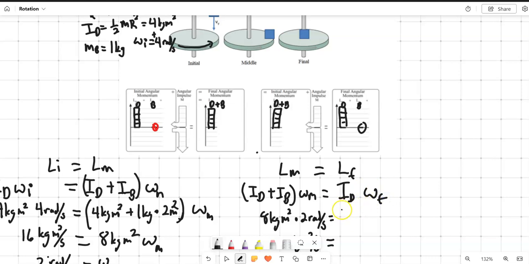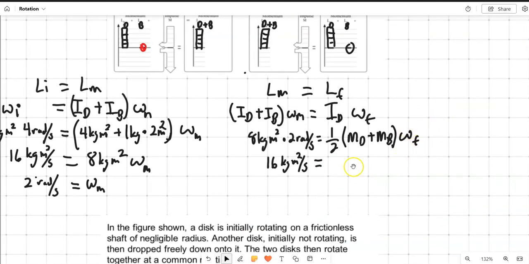So if it was just the mass of the disk spinning, you would have 1/2 the mass of the disk times the size of that disk squared. But since the block is now sitting on that disk, this moment of inertia is going to be equal to the mass of the disk plus the block's mass times r squared times omega final. Okay, you have to include both of those there.